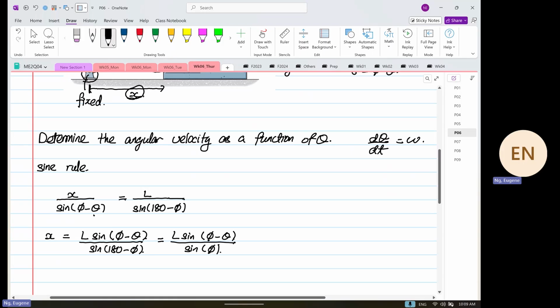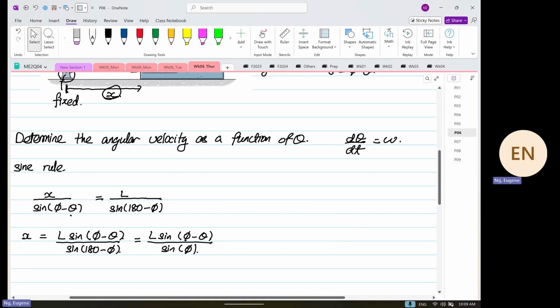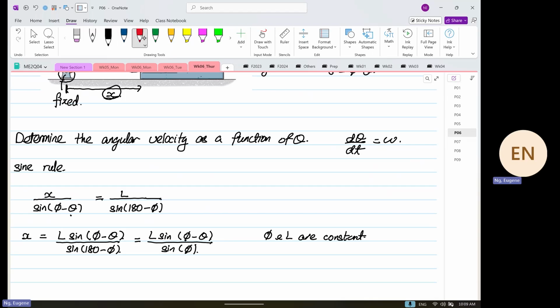Now at this stage, it might look complicated, but it's not. Remember what I taught you to do: always remember that phi and L are constant. That is good news, because you can gather this term and not differentiate it at all.